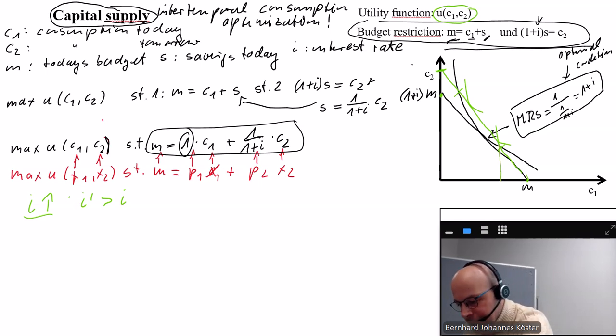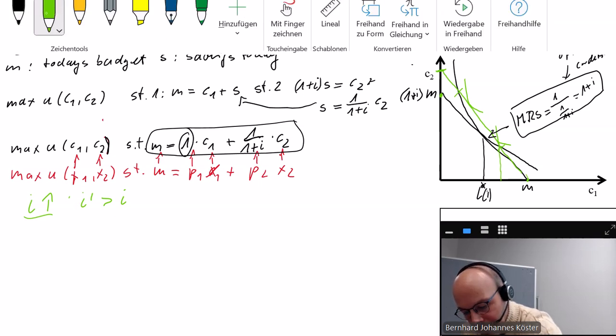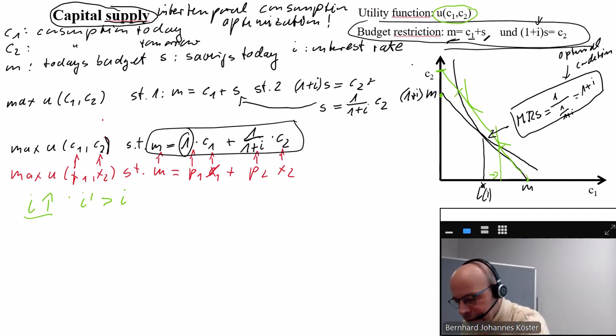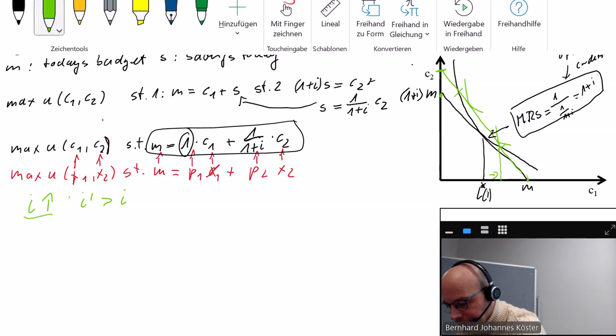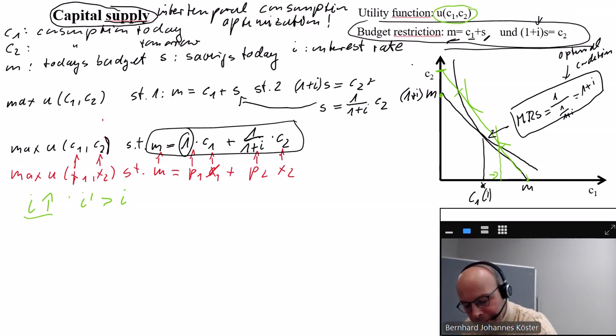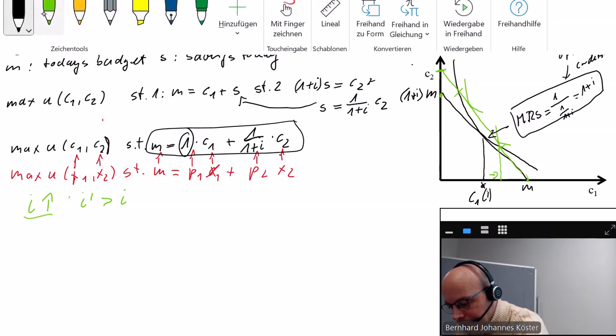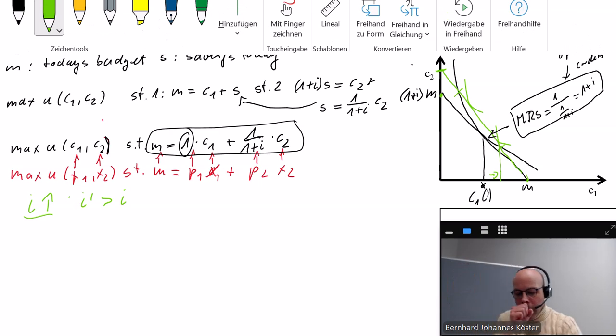In this case, compared to our starting optimum level, C1, on the right side, we are increasing today's consumption.